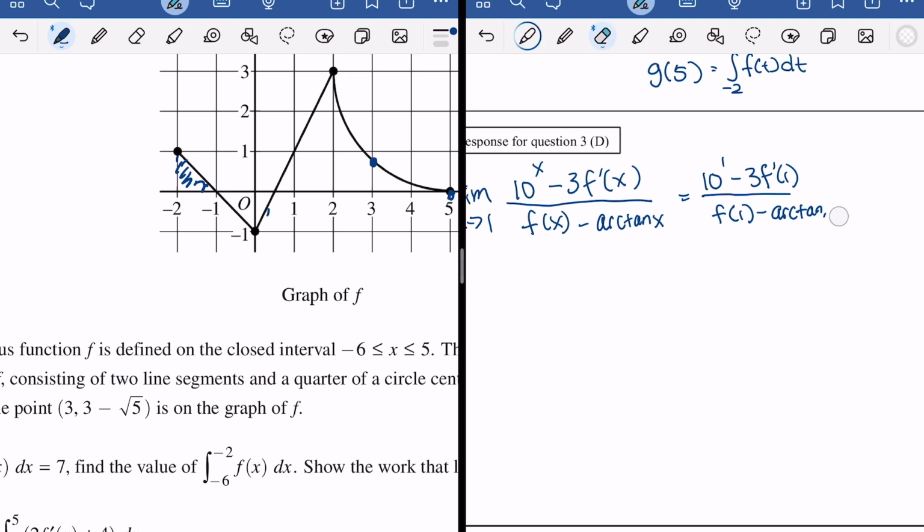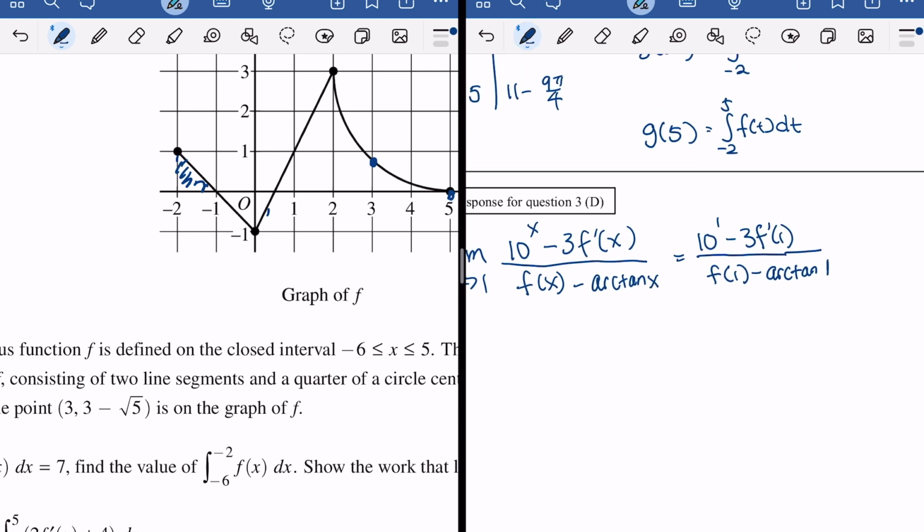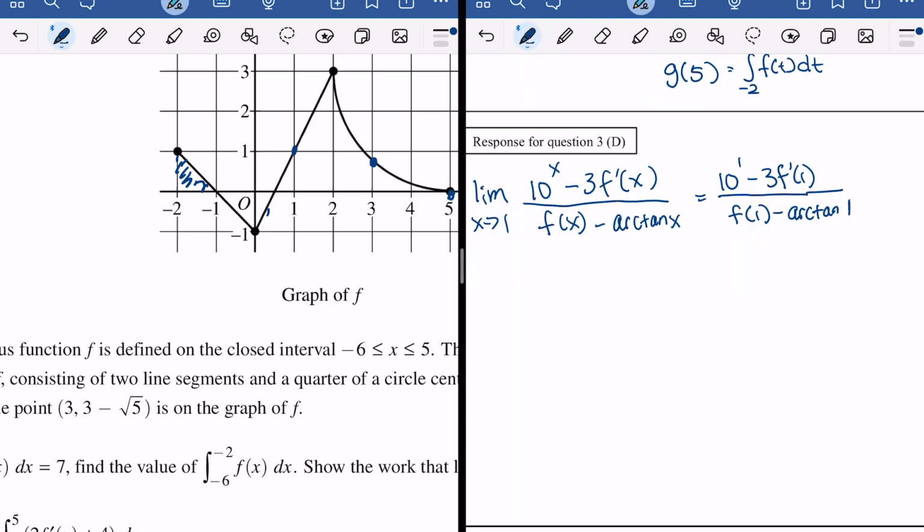F prime of 1 is the slope over here, which is up 4 over 2, which is 2. So the limit is going to be 10 subtract 3 times 2 divided by f of 1, which is the y value at this point, which is 1. You need to know what arctan of 1 is. We know tangent of pi over 4 is 1, so therefore arctan of 1 will be pi over 4. And you can leave your answer like this.